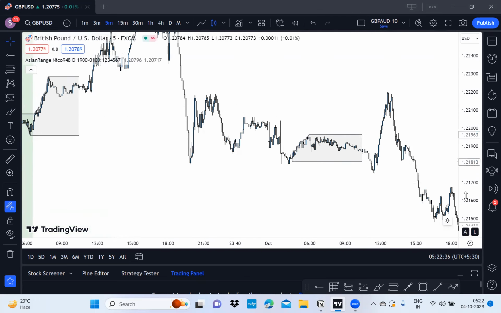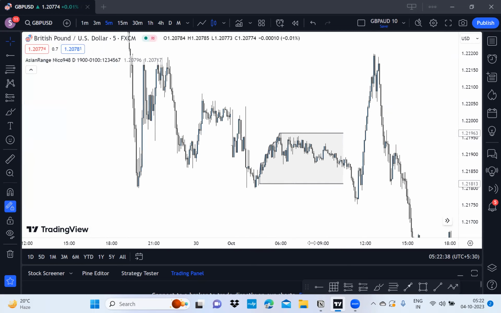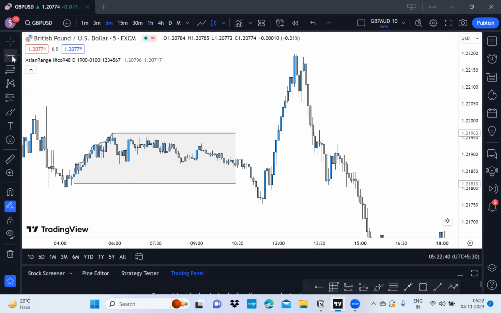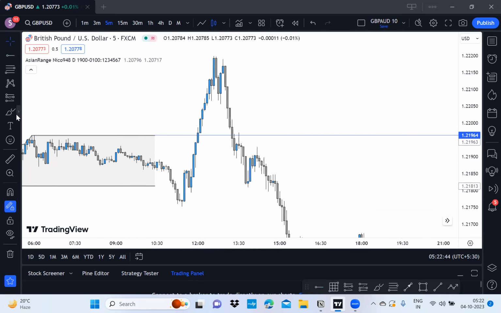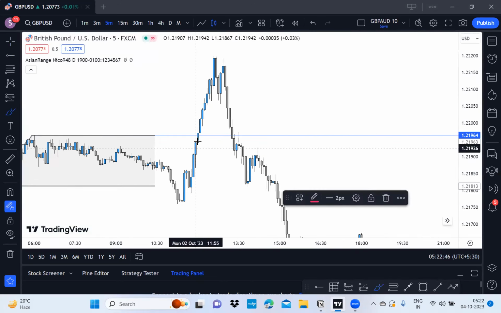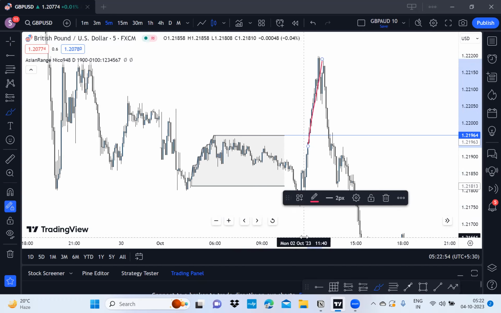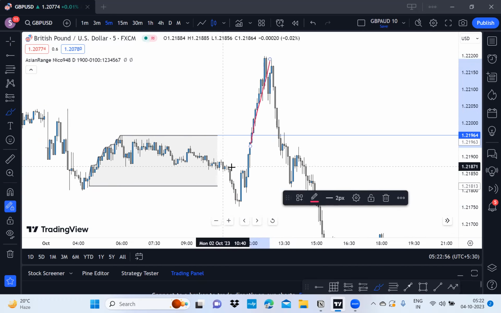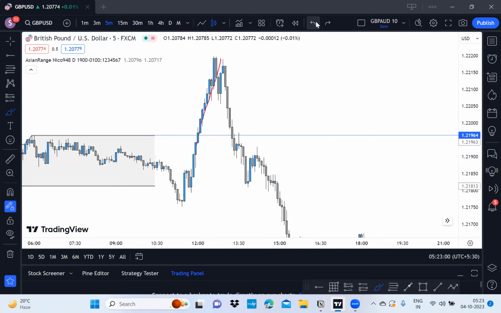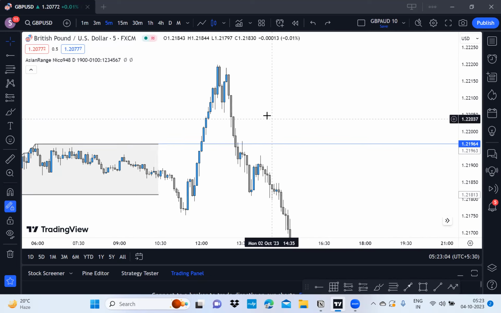So as we can see, next day what happened here is, this was the Asian range. You can see this is the Asian high. The market took off this high and grabbed the liquidity of this high, right? Now after liquidity hunting, if the market is giving the BOS, we will look for the trade.